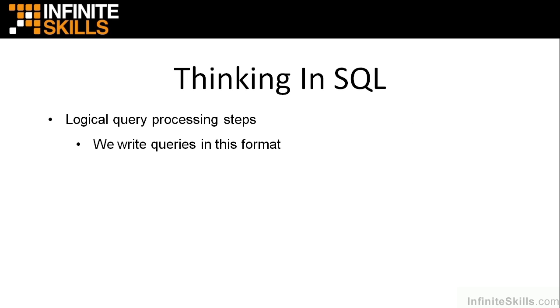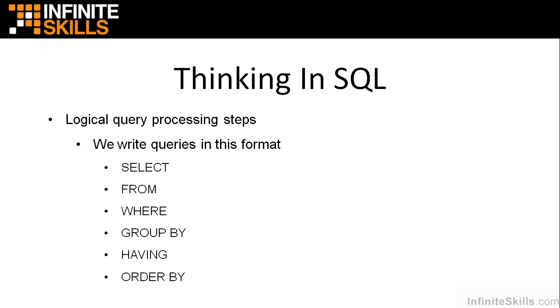Now, the logical processing steps in our mind, we write the queries in this format: select, from, where, group by, having, and then order by. And so we tend to think our query is going to be processed in this order, but that's not so. And if you're coming to this from a more conventional programming background, you're going to notice in a couple of places, and I'll point them out, especially when we talk about table aliasing, that it looks as though we are using or consuming variables before we've declared them.